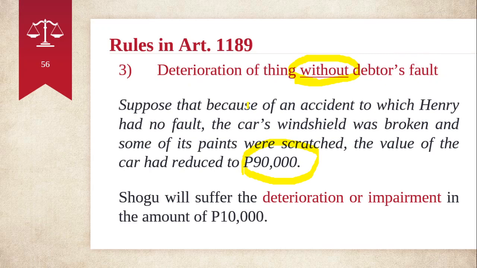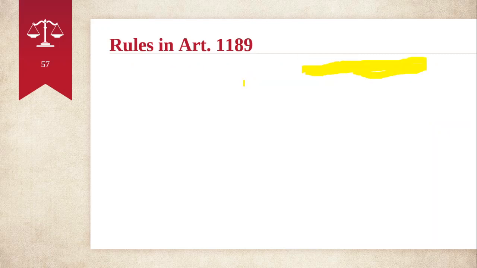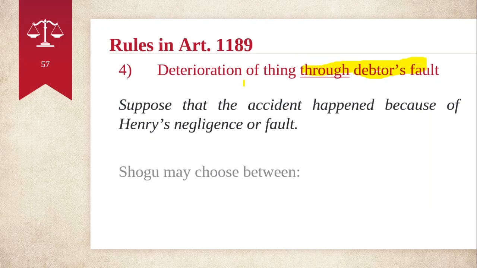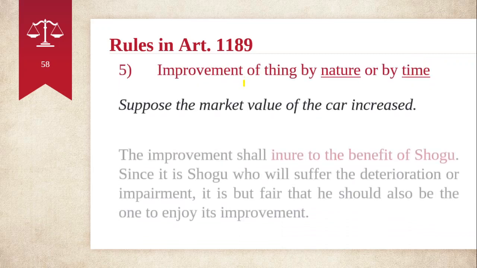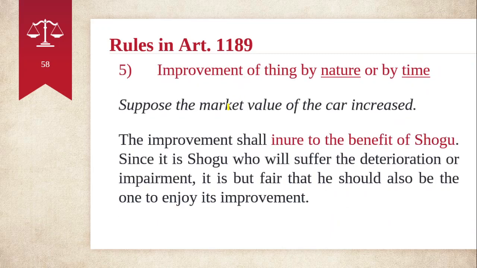In number 3, ayan, si Shogu ang magsasuffer dun sa deterioration, yung normal na deterioration without debtor's fault. So, kung magkakaroon naman ng improvement, dapat lang, or it will be fair na siya lang po ang makinabang. Okay? Huwag ka nang manghingi pa ng 20,000. Since it is Shogo who will suffer, it would be fair that si Shogo din yung mag-e-enjoy ng improvement.